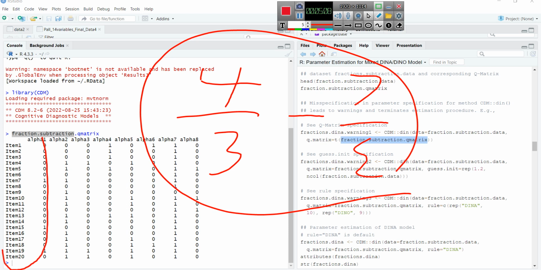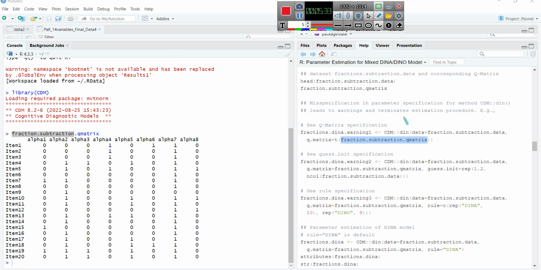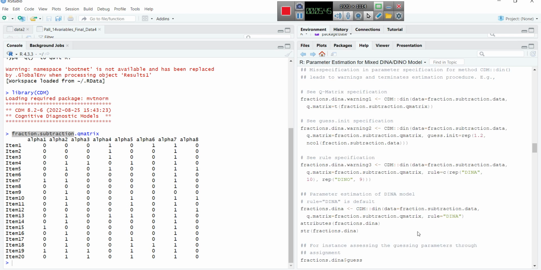We have 20 items like this, so you can see that 8 skills are required for answering these 20 test items correctly. Okay, let me run this model here and tell you which skills are required for this model.